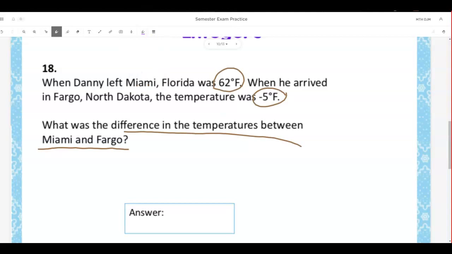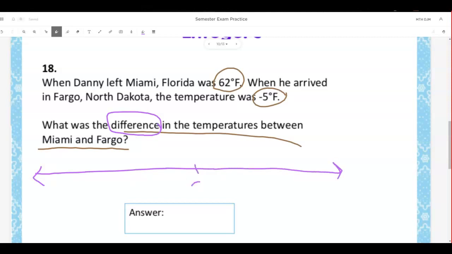I see the word difference here, so that tells me that I should use subtraction, right? So before I do that, I'm going to model this for you on a number line. My number line, I'm going to put a 0 here in the middle. This is where I'm going to put 62 over here. I'm going to put -5 right here.